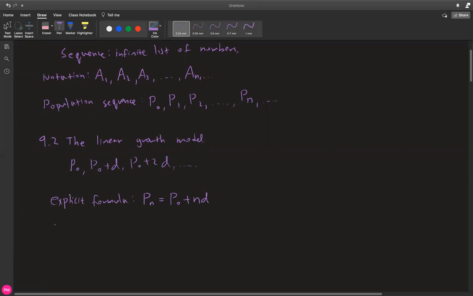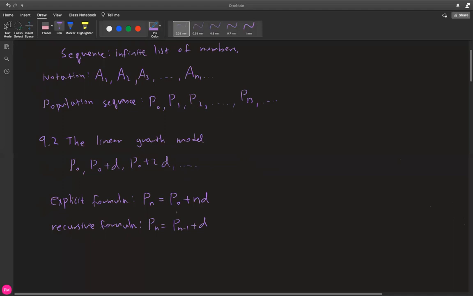And the recursive formula is given as p sub n equals p sub n minus 1 plus d. As you can see, the explicit formula is defined by the explicit generation n, whereas the recursive formula is defined by the previous term.